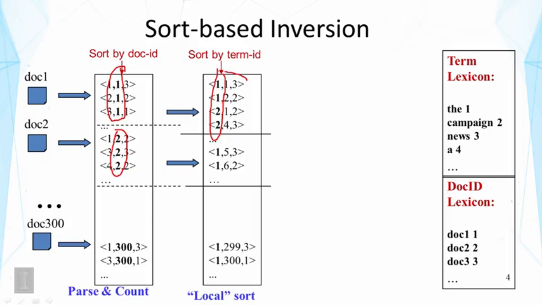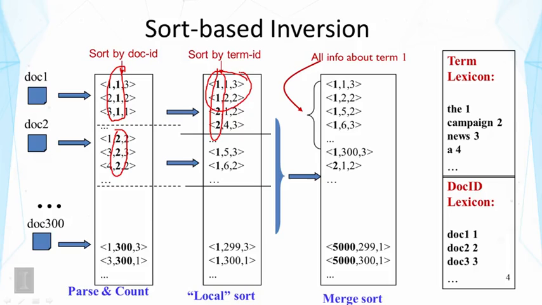In this case, we can see all the IDs of documents that match term 1 would be grouped together. And we're going to write this into the disk as a temporary file. That would allow us to use the memory to process the next batch of documents. And we're going to do that for all the documents. So we're going to write a lot of temporary files into the disk.